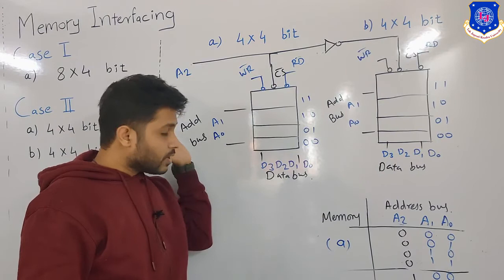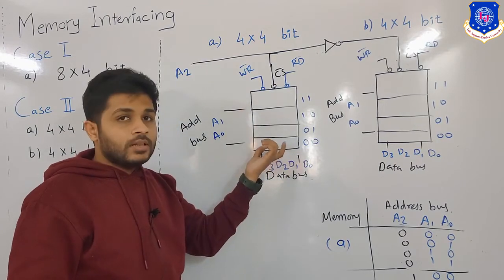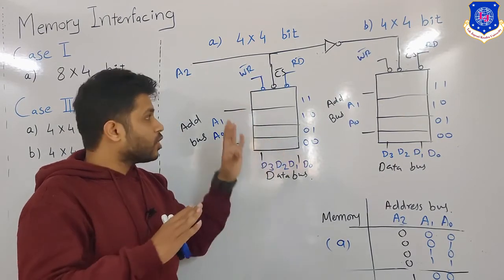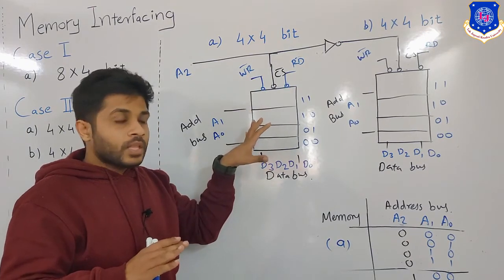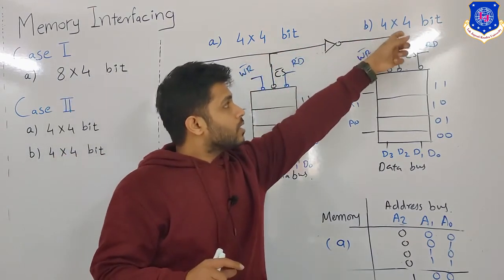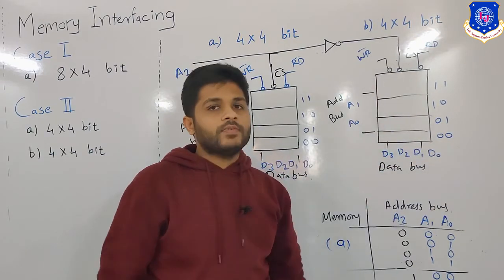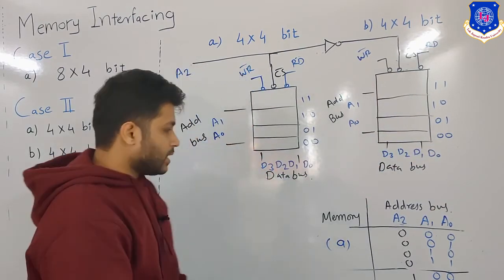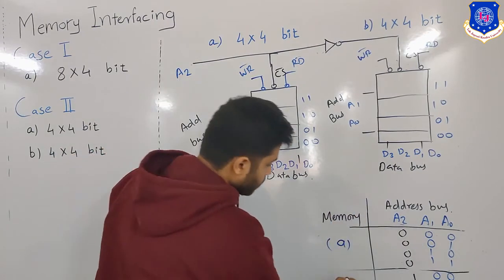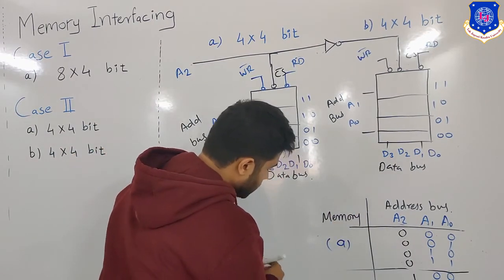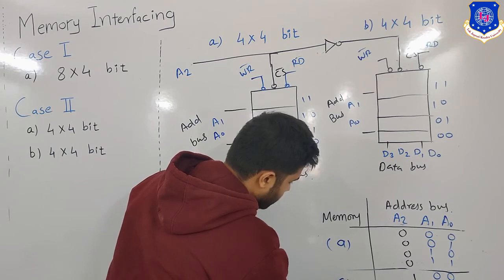Even though it is receiving the address value, it will not select any location because this chip is not enabled. But at the same time, the 1 will become 0 and this chip will be selected, so that particular location will be selected. So when A2 is 1, it will select memory B.